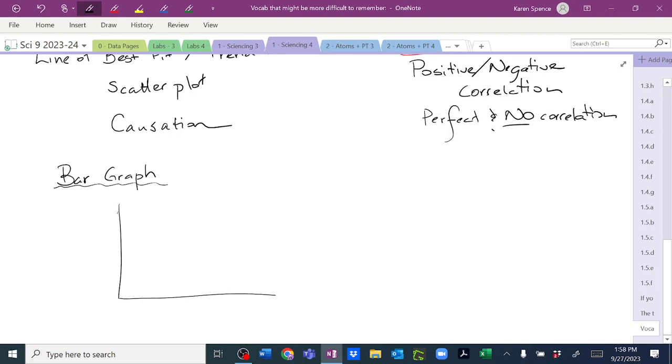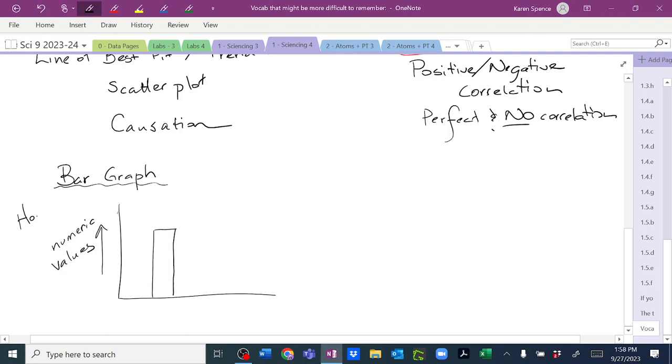What should I have on there? A bunch of bars. Shocking, it's a bar graph. Yeah, you're going to have bars where we have numeric values like quantities, like how many, is going to go on the y-axis.